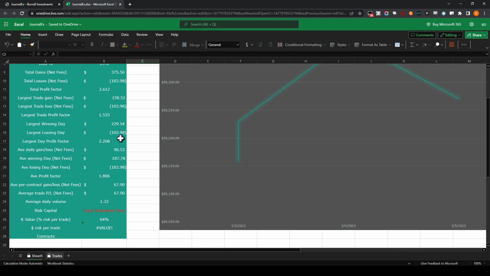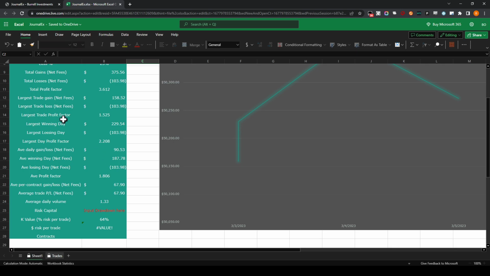Whichever one is the lowest profit factor, that's the one I like to use because it allows you to take less risk and to assume that your profit factor is a little worse than it may be, which gives you some more cushion when you're trading.